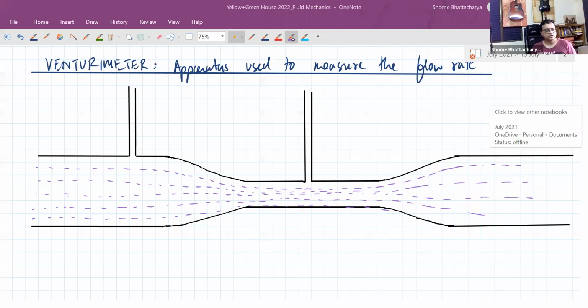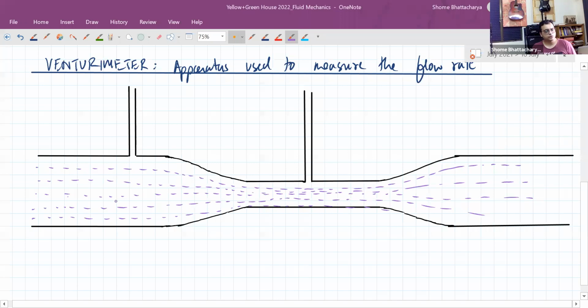Yeah, so coming back to this, if we have a fluid in flow, and if we are to compare a point like this over here, where the speed of flow is V1, with another point over here where the speed of flow is V2, because the area of cross section here is capital A2, and the area of cross section here is A1. Now we can see that the 2 points that I've selected are lying on the same horizontal line.